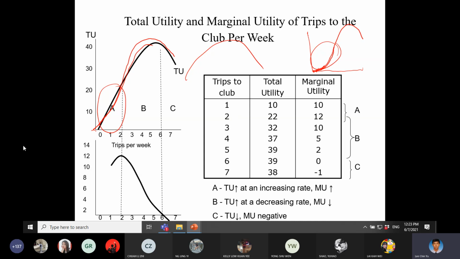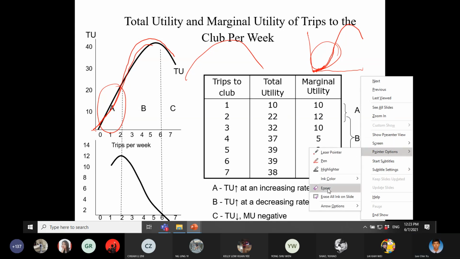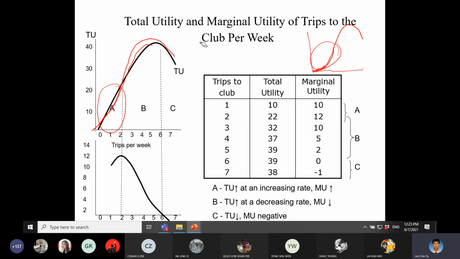Remember, this part, section A, you must draw something like this. So that's why we have increasing at an increasing rate.